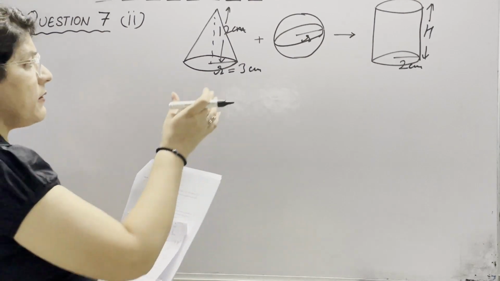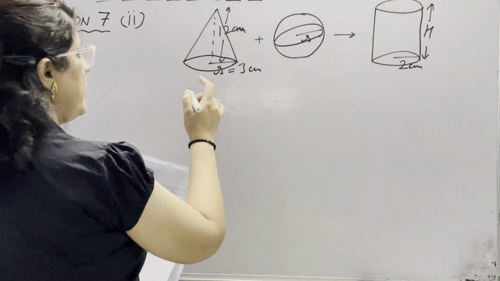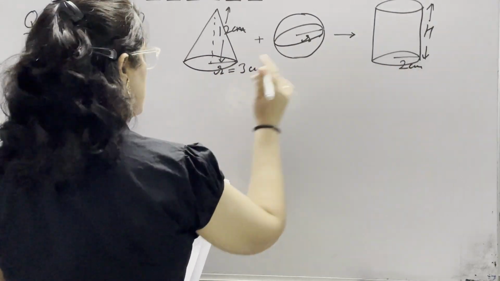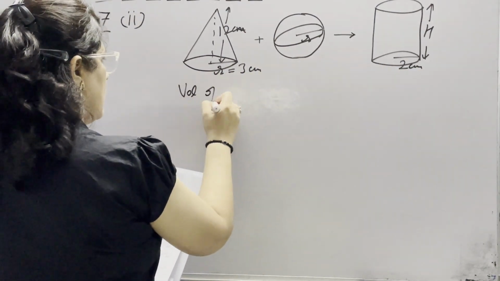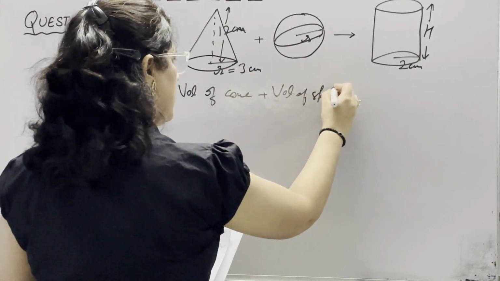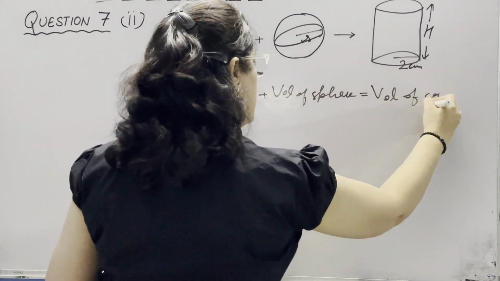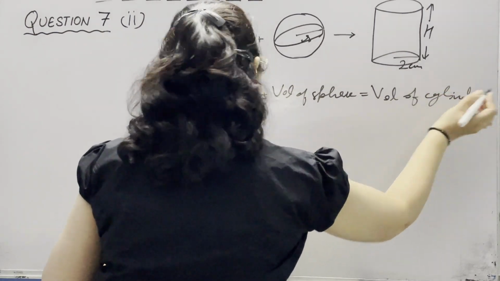We know that whenever two solids are melted and formed into one single solid, then the volume of these two will be equal to this. So, volume of cone plus volume of sphere is equal to volume of cylinder.